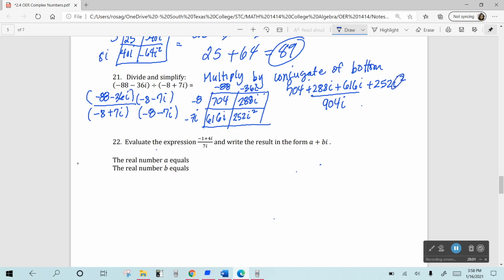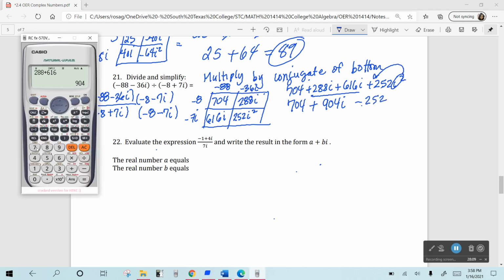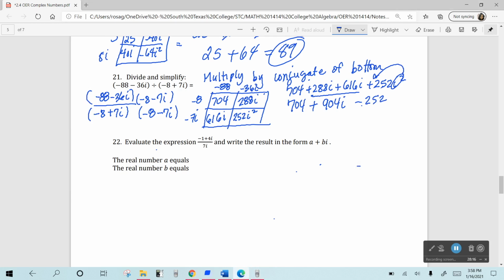And then this one, because of the i squared, that becomes a minus. So it's going to be 704 minus 252. 452 plus 904i. That's the top. Now I need to do the bottom, so I'm going to just keep going here.